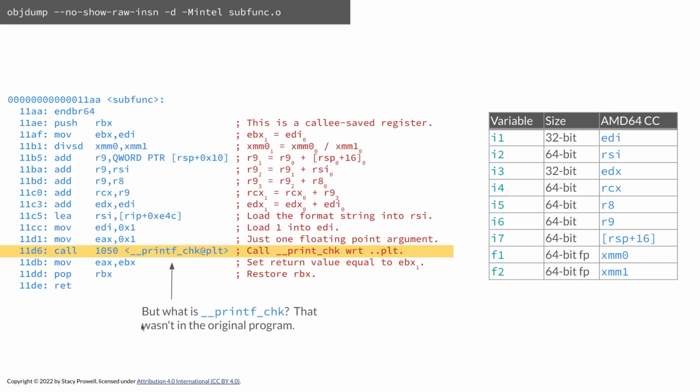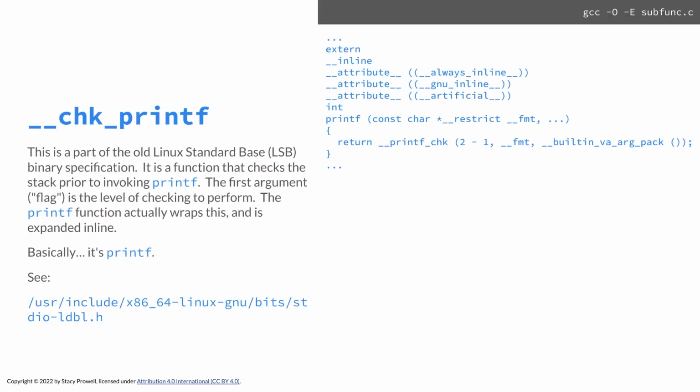You might be curious about that underscore printf underscore check at PLT. We didn't call that. We never called that. What is that? Turns out there's this thing out in the library.